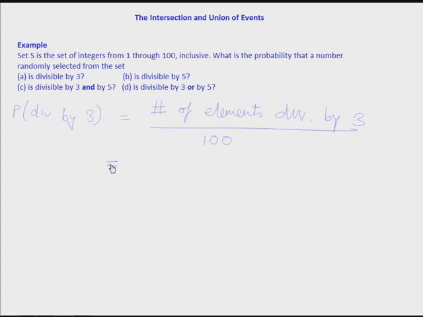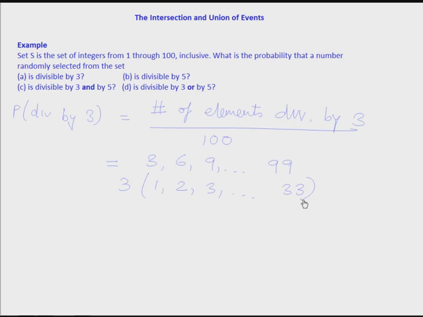How many integers between 1 and 100 are divisible by 3? Well, 3, 6, 9, all the way to 99. I'll simplify these numbers. I'll take out 3 common since each is divisible by 3, and I'll get 1, 2, 3, ... 33.